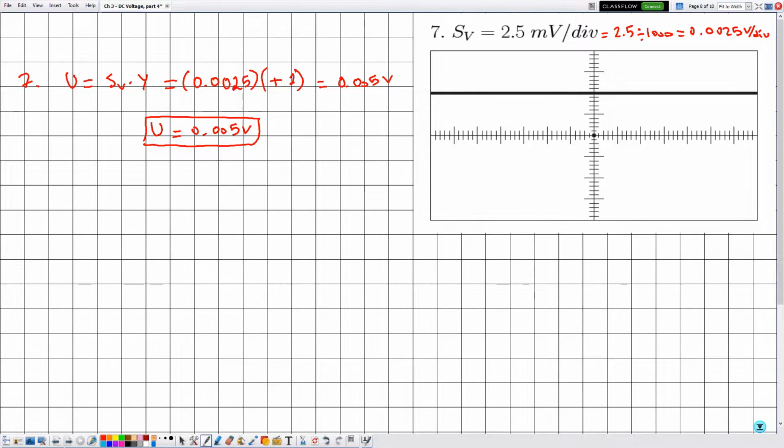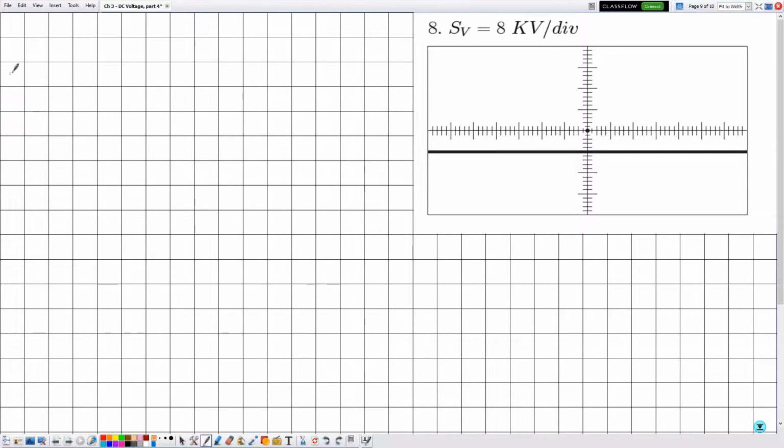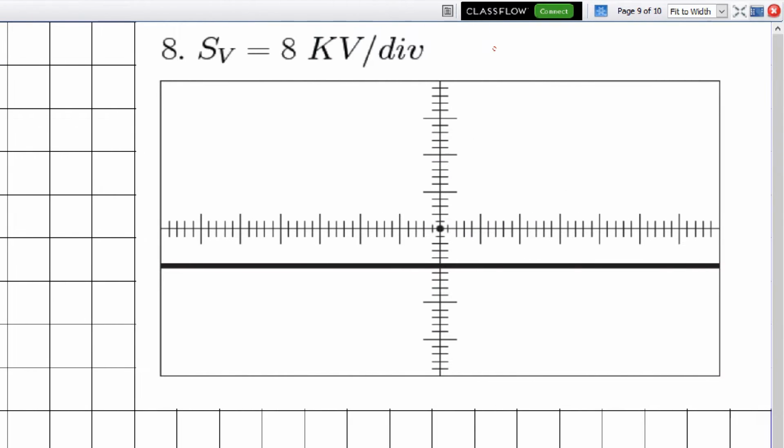And finally, as for number 8, U is given by SV multiplied by Y. Now notice that here SV is given by 8 kilovolts per division. In order to convert from kilovolts per division into volts per division, we simply multiply by 1000.